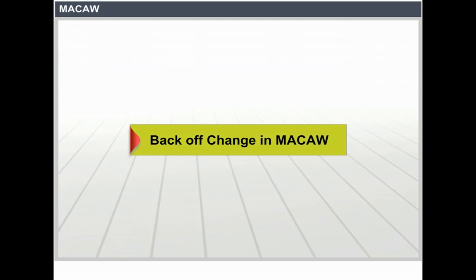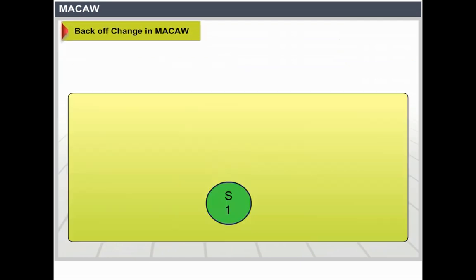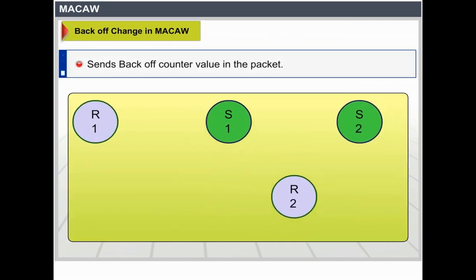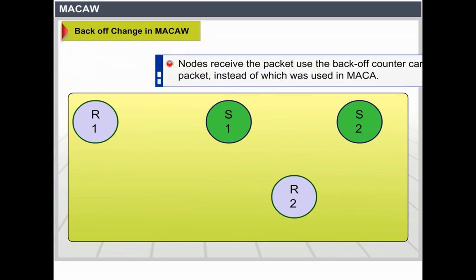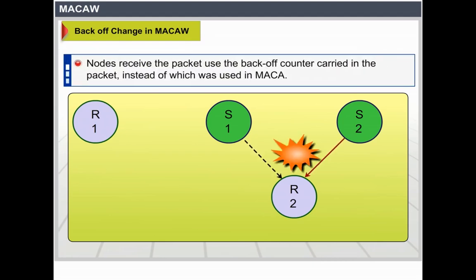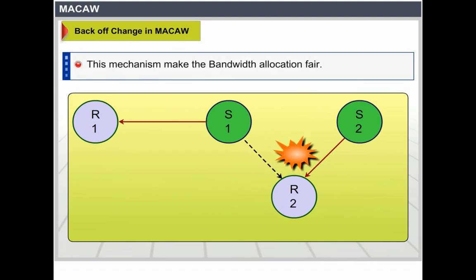Backoff change in MACAW: it sends the backoff counter value in the packet. Nodes receiving the packet use the backoff counter carried in the packet instead of that used in MACA. This mechanism makes the bandwidth allocation fair.